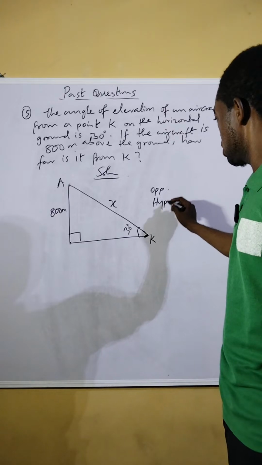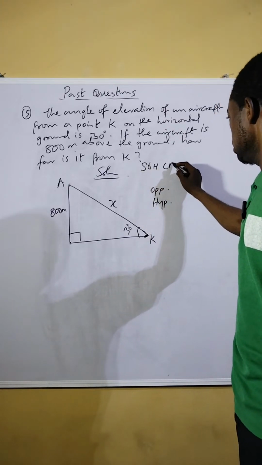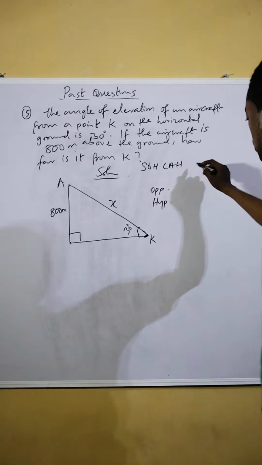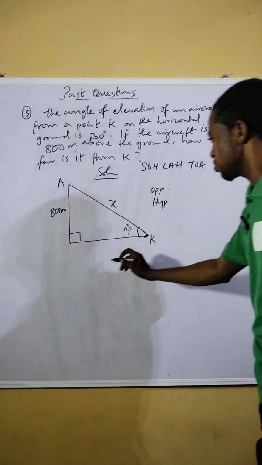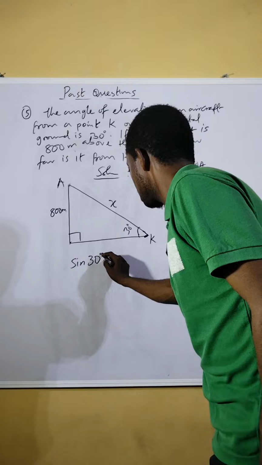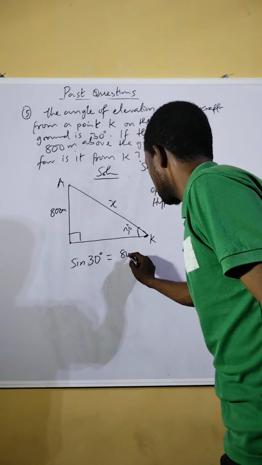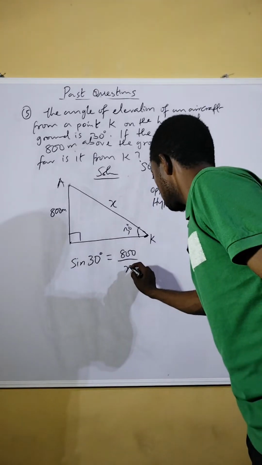So what we introduce here is sine, because from SOHCAHTOA, the one that has opposite and hypotenuse is sine. So that means sine 30 degrees is now equals to the opposite, which is 800, over the hypotenuse, which is x.